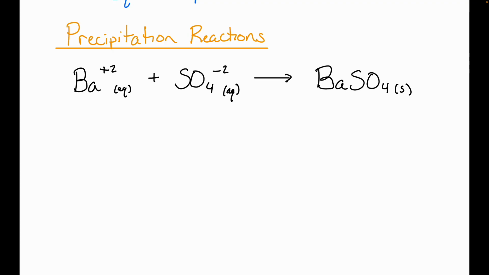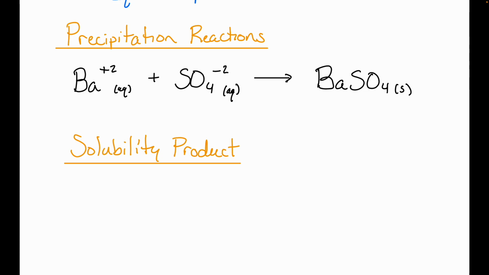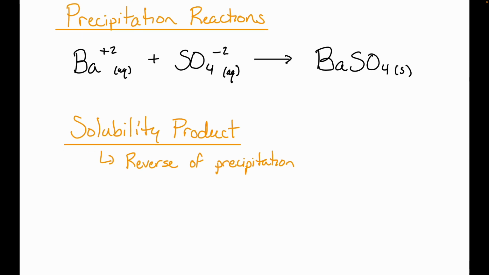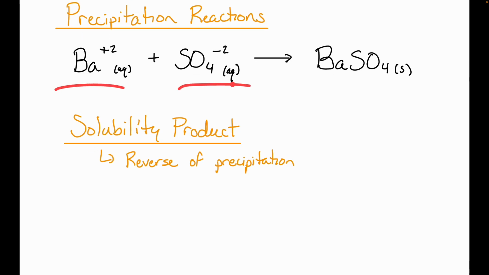A solubility product reaction is quite simply looking at a precipitation reaction in the reverse direction. So my precipitation reaction would be barium and sulfate combining to make this solid.